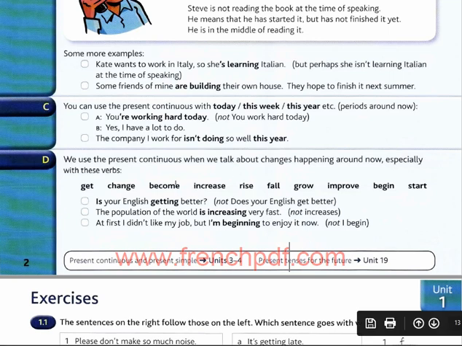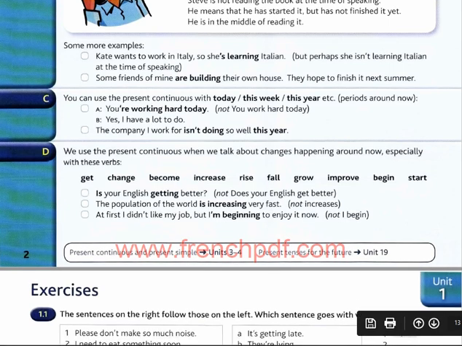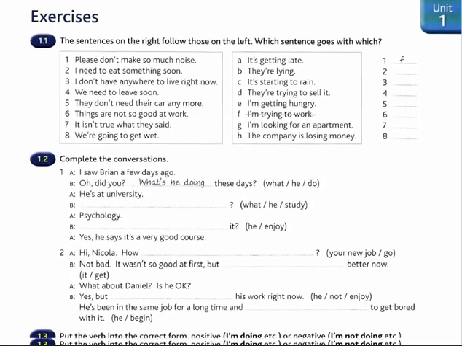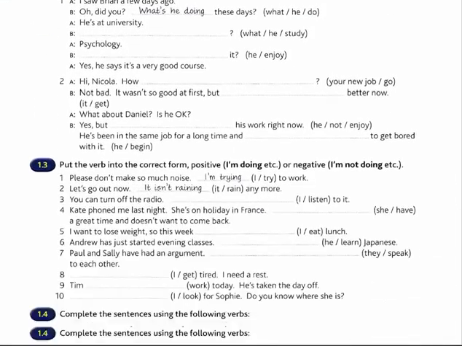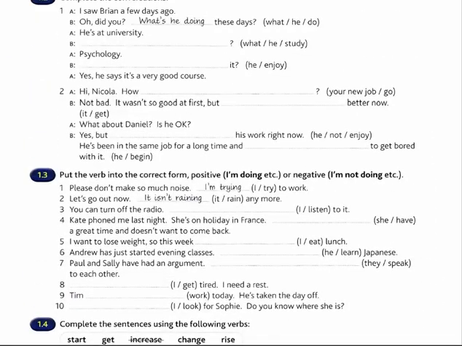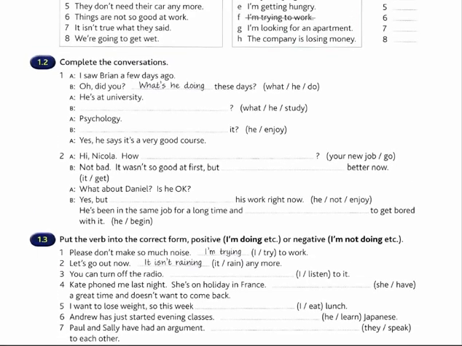So this is all about page 2, and this is the first part of present continuous. These are some exercises included on page 3 of the book, and all the answers are at the back of the book, and you can do it by yourself.